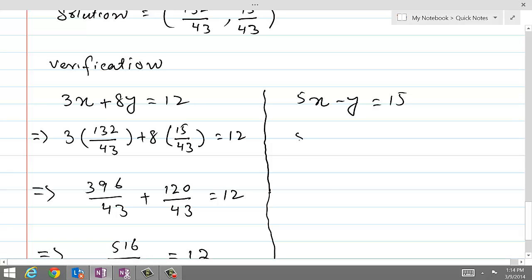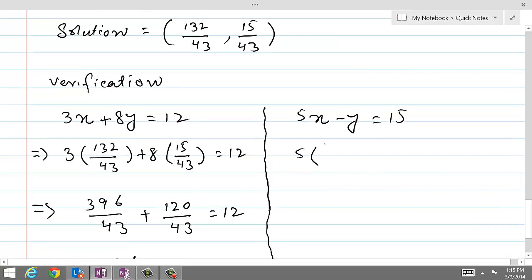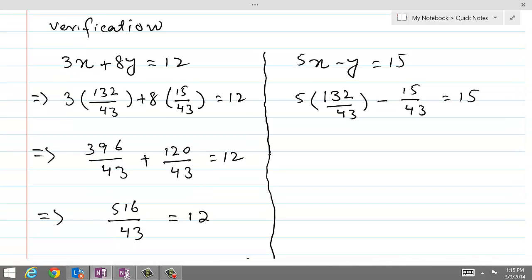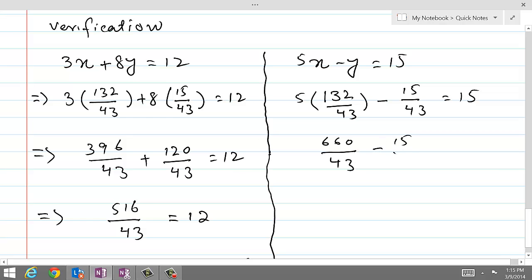Similarly, we replace x with 132 over 43, here minus 15 over 43 equal to 15, and when 5 is multiplied with 132, it becomes 660 over 43 minus 15 over 43 must be equal to 15, and because the denominator is the same, we are only going to add or subtract the numerators.